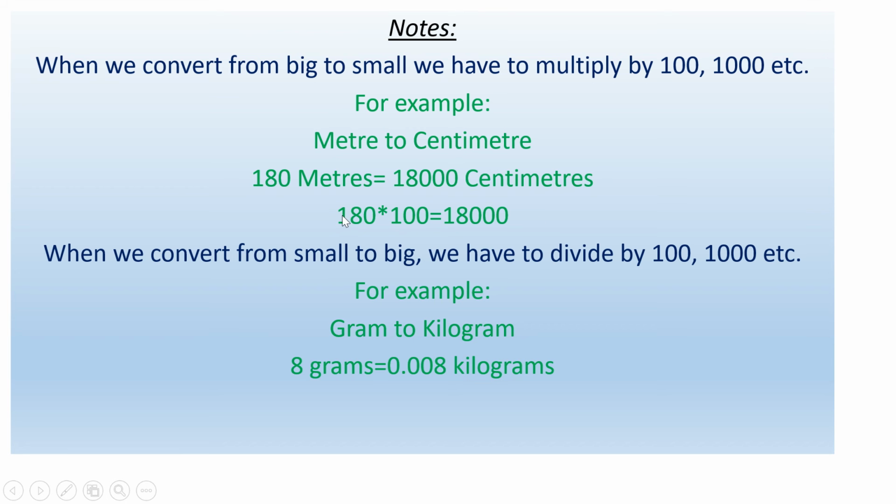I multiplied 180 by 100, so we get 18,000. Then when we convert from small to big, we have to divide by 10, 100, 1000, etc. For example, gram to kilogram. 8 grams is equal to 0.008 kilograms. That means this 8 is divided by 1000, and then we get this amount, 0.008 kilograms.